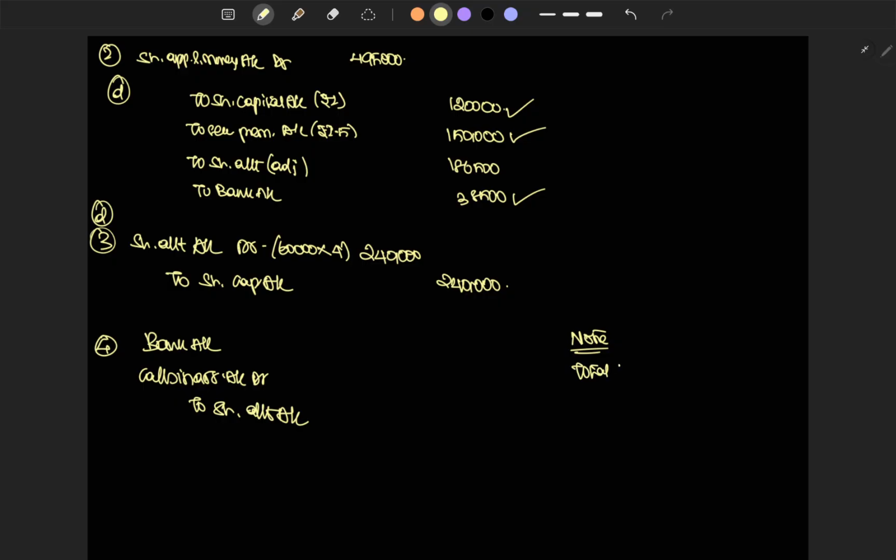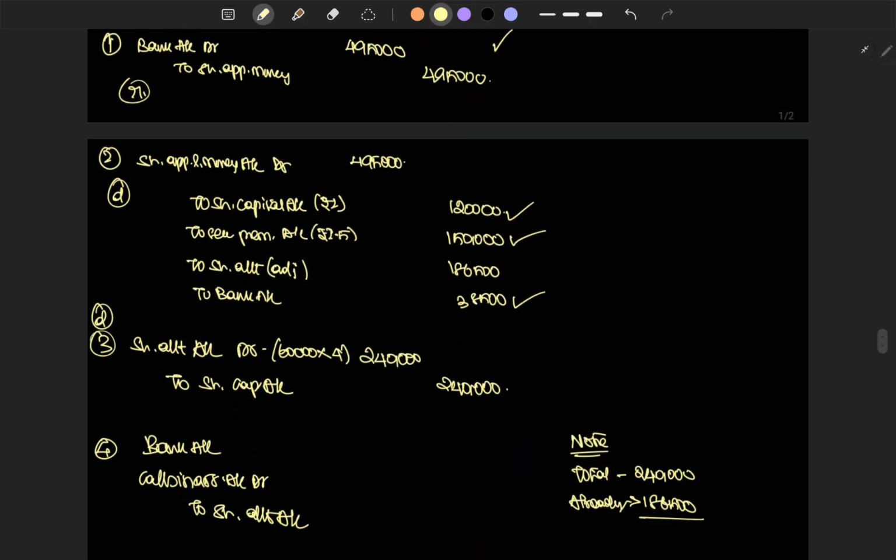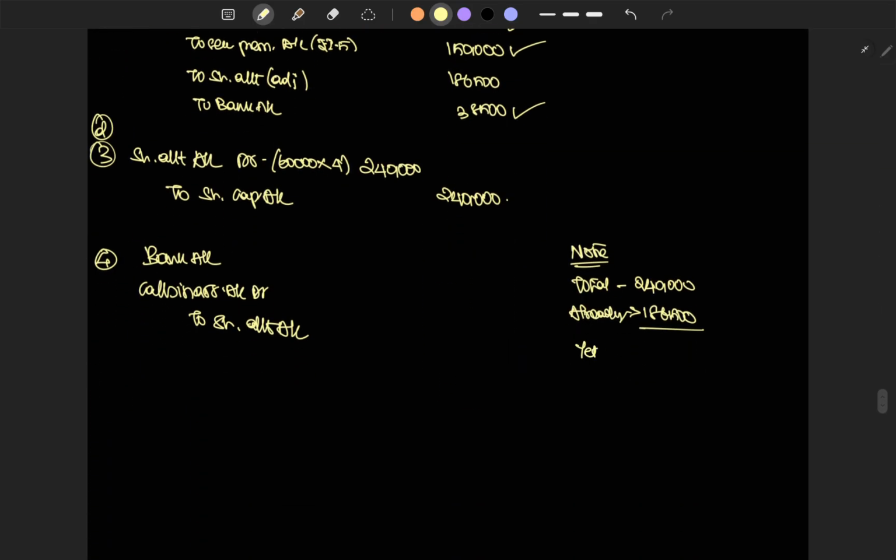Total money receivable is 2,40,000, and already received 1,86,500. So yet to pay is 2,40,000 minus 1,86,500, which is 53,500 has to be received now.